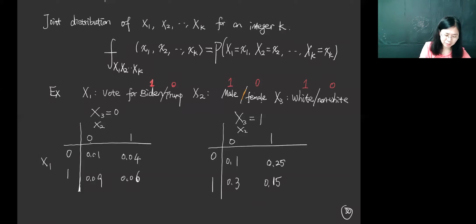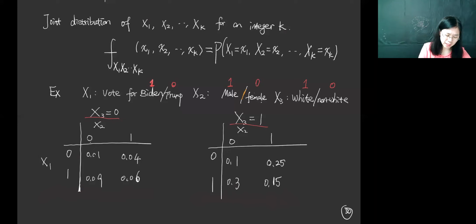So the two tables are labeled by the value of x3. The first table describes the joint probabilities associated with x3 equals 0, and the second table describes the joint probabilities associated with x3 equals 1.